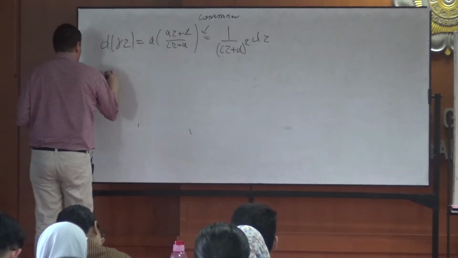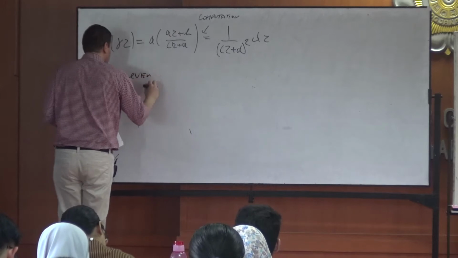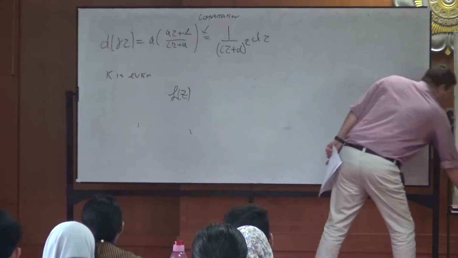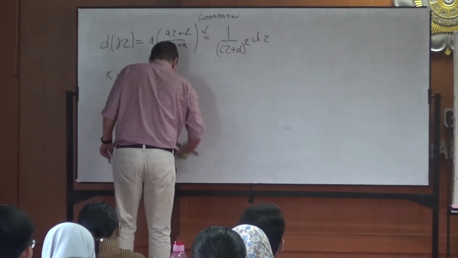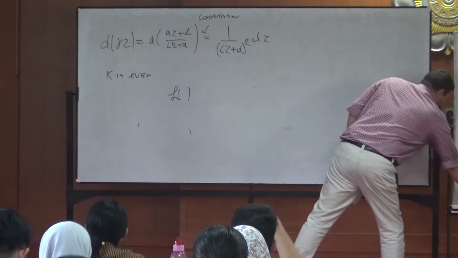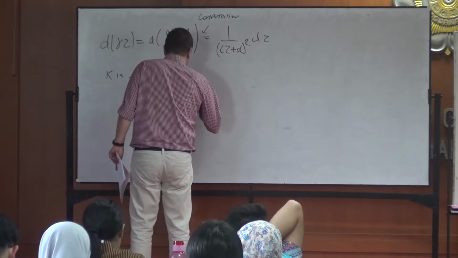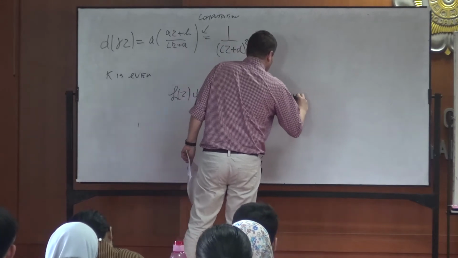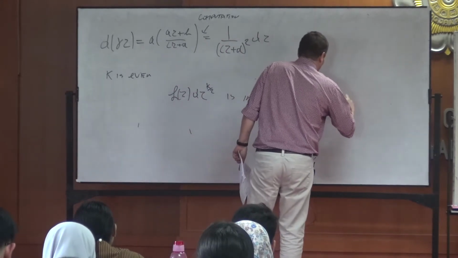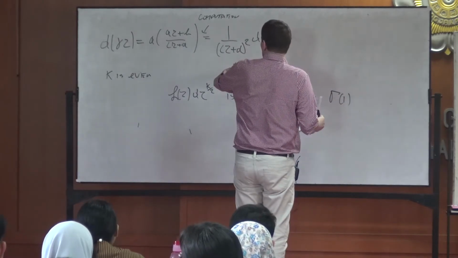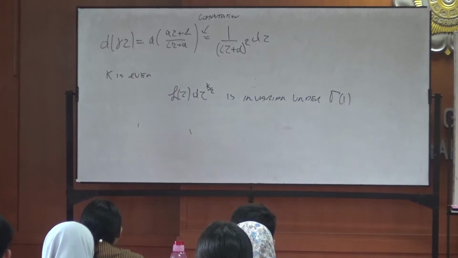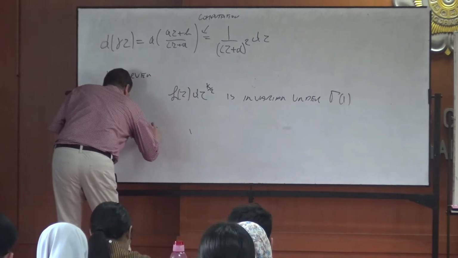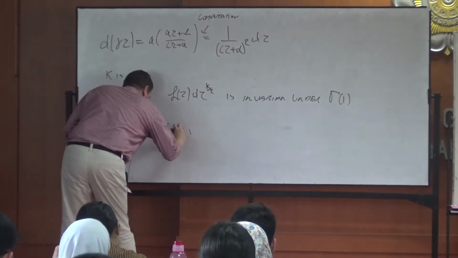So this means that if k is even, we have that f of tau d tau to the k over 2 is invariant under gamma 1 because here, when you take the derivative, you take f of gamma tau, d gamma tau.